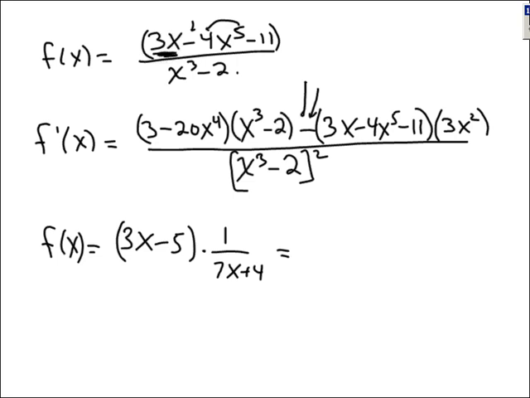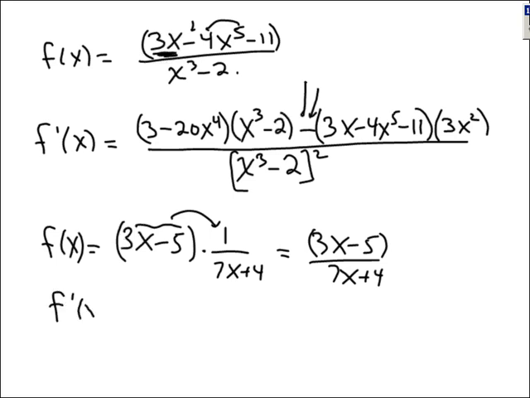First thing I would say is multiply the numerators. 3x minus 5 times 1, of course, is 3x minus 5 over 7x plus 4. Now I have a nice quotient. Use the quotient rule. So now both the top and the bottom are polynomials.